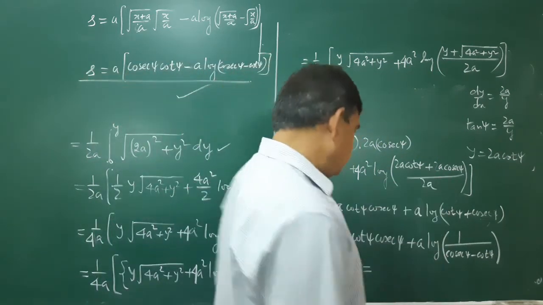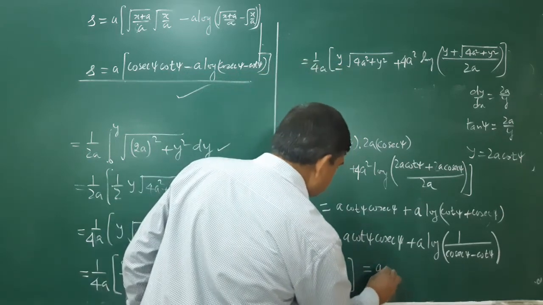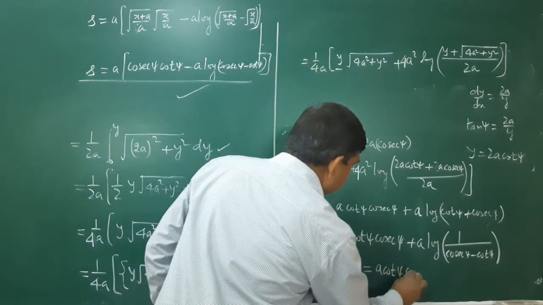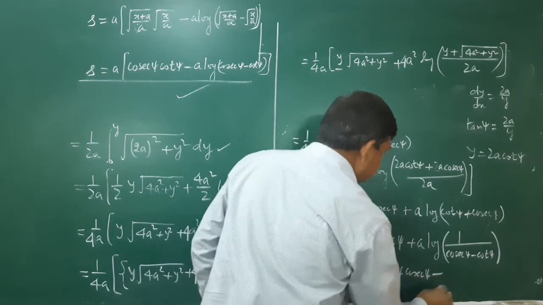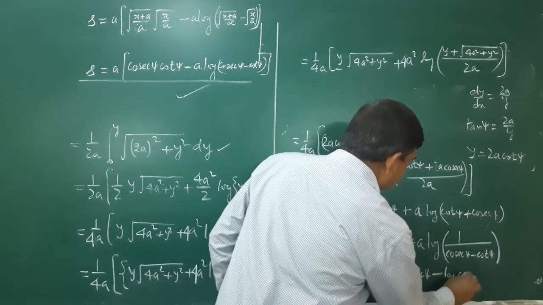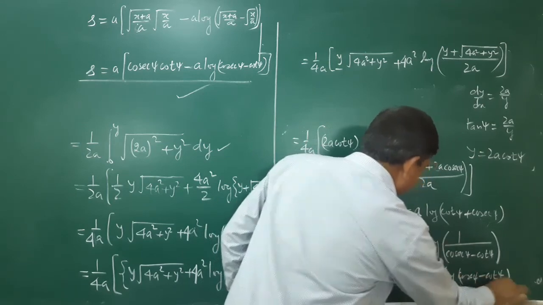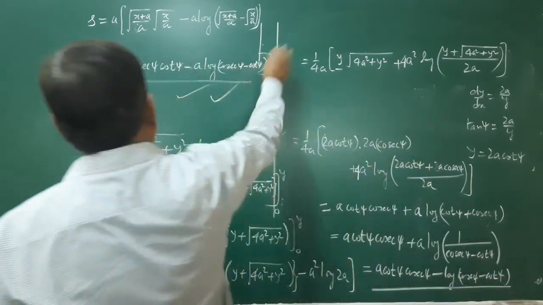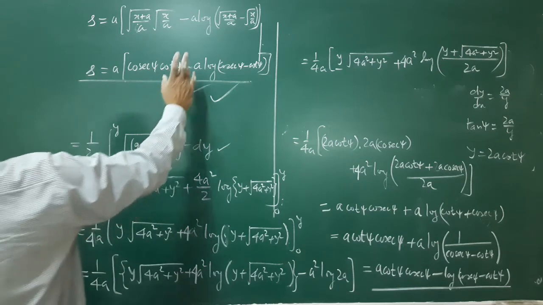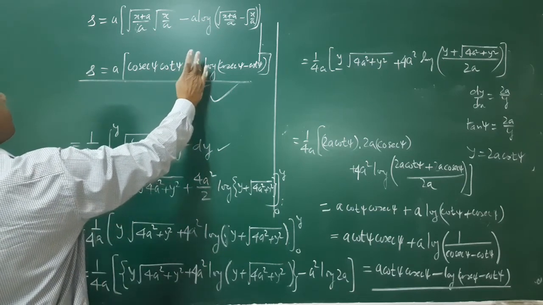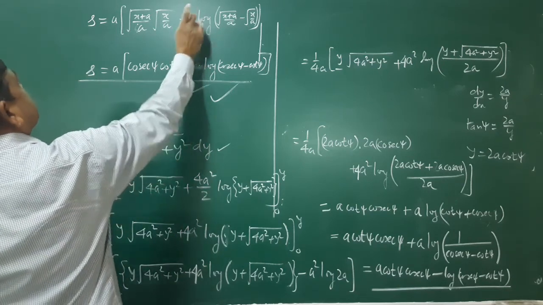Log 1 is 0, so finally I got the answer: a cot psi cosec psi minus log cosec psi minus cot psi. Yes. See this answer. It is found here.